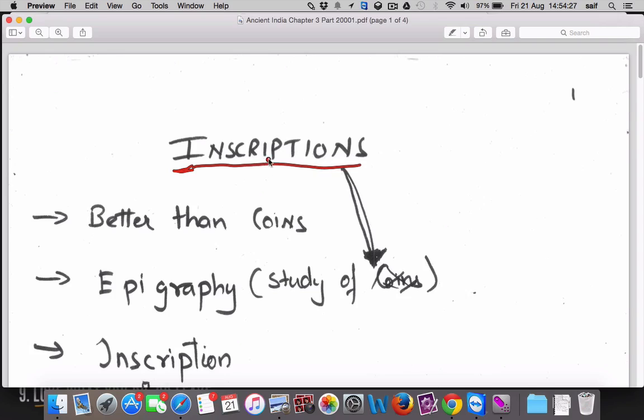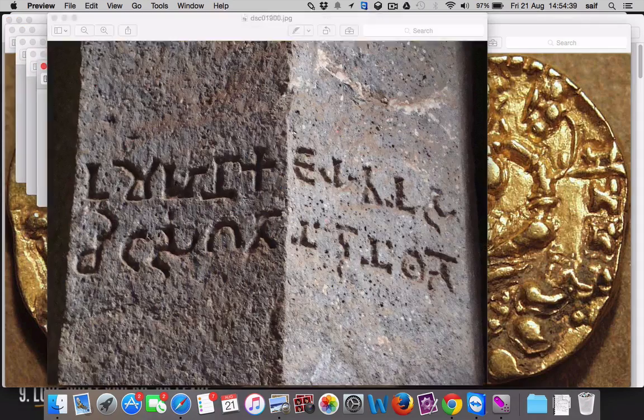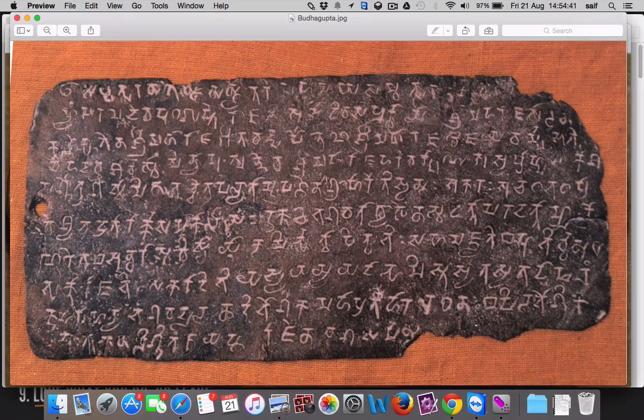inscriptions look like this. If I show you the image, this is an inscription. As you can see here, this is in a different language, written on stone.